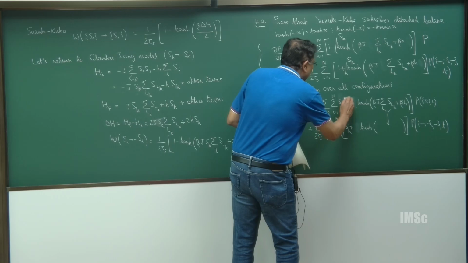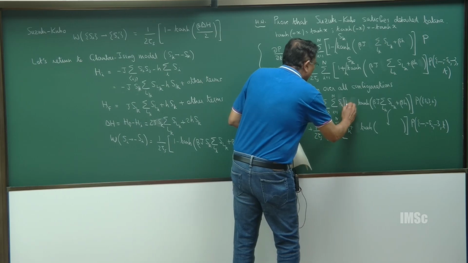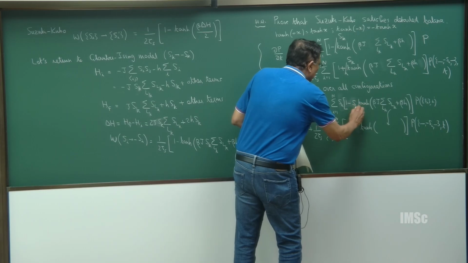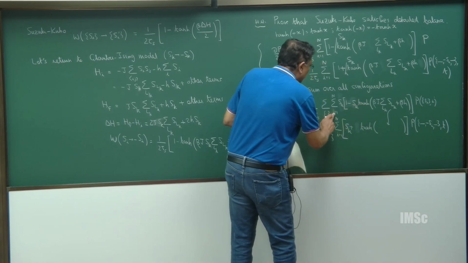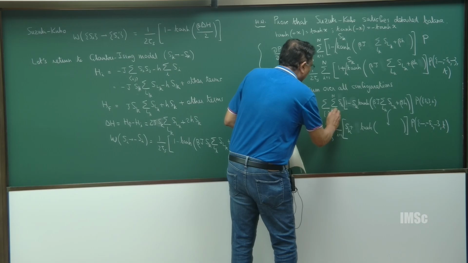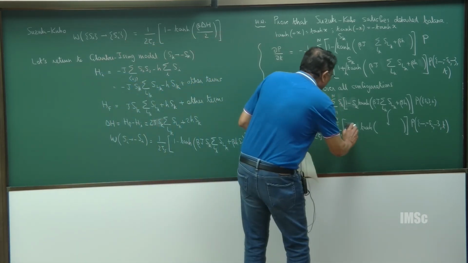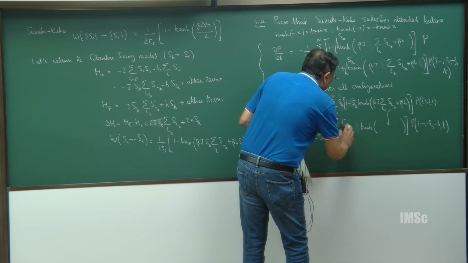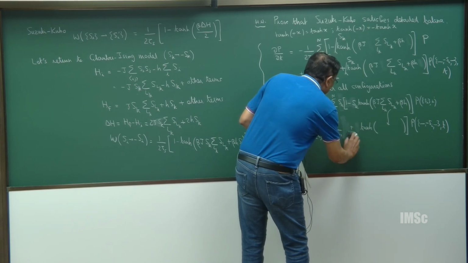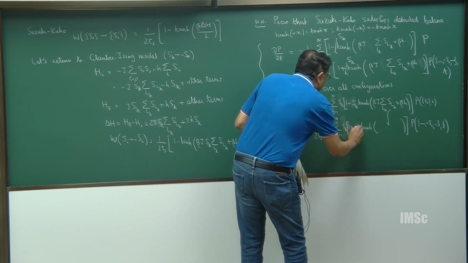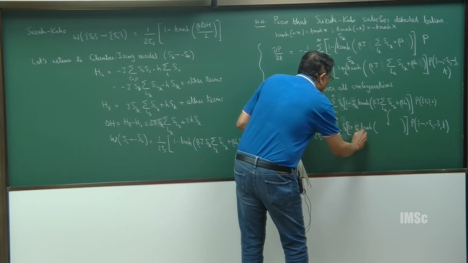You have an Sn outside, and here you have a 1 minus Sk, and here indeed the sum is over K. And then here you have again, I hope I've got it correct this time, Sn times 1 plus Sk.